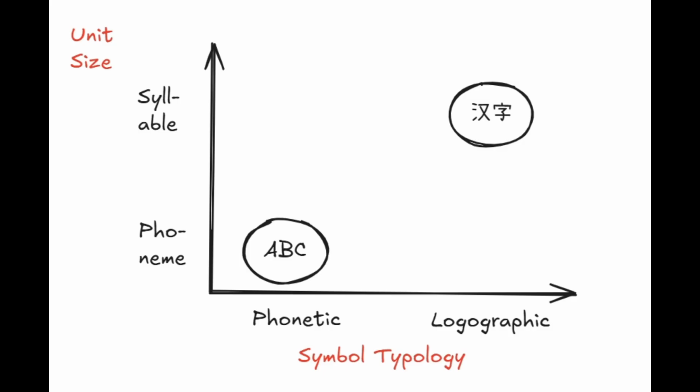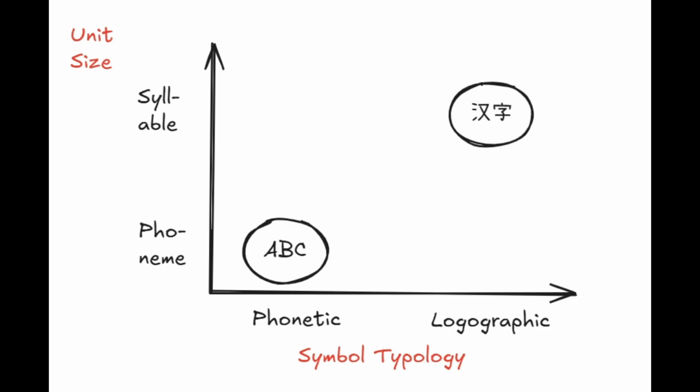And it's not phonetic, basically. And the smallest unit size that you have in something like Mandarin Chinese is the syllable, Hanzi, where both of these individual characters are their own syllables in their own right, and there's no such thing as a character that simply encodes a phoneme by itself.